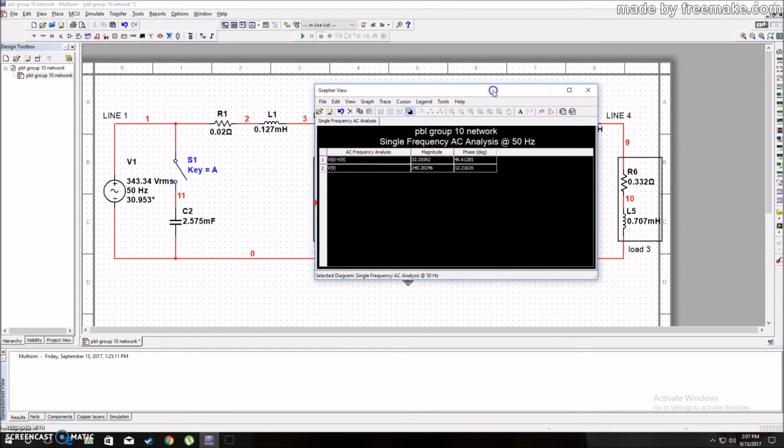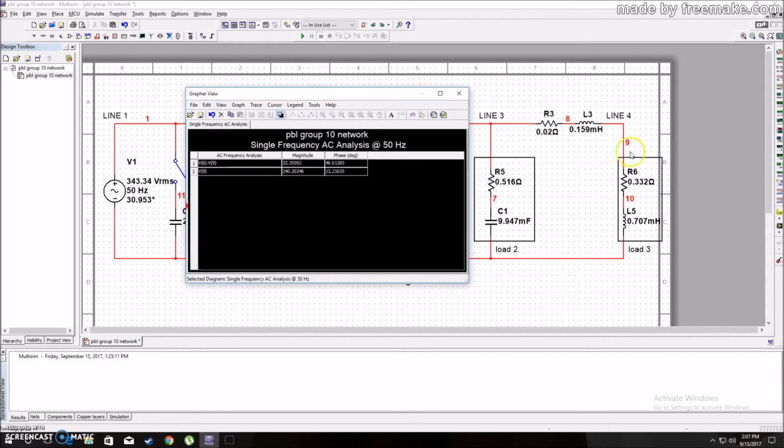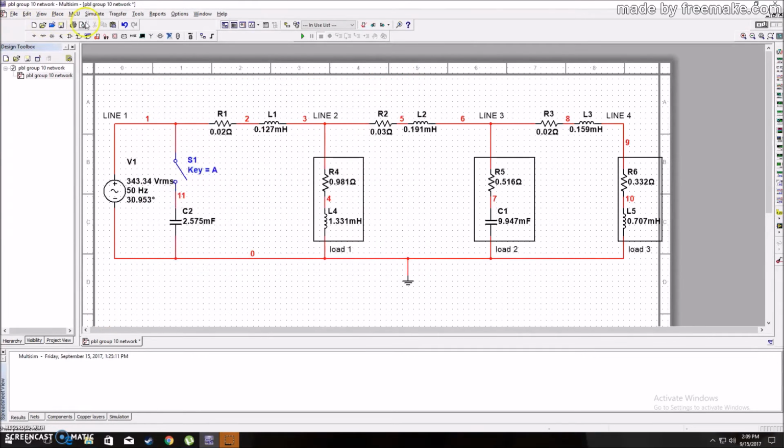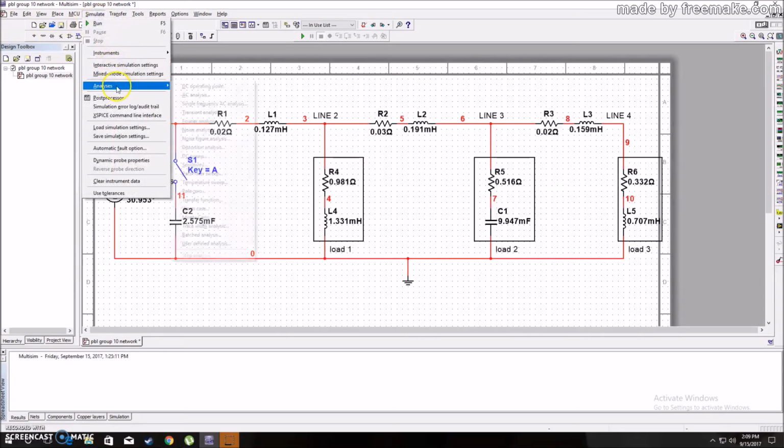So this is the analysis of voltage, and voltage net 6 minus voltage net 9 is equal to the voltage across transmission line 3 to 4, while voltage net 9 is equal to the voltage across the load 3. Now we are using the single frequency AC analysis to simulate the value of current flowing through an element.